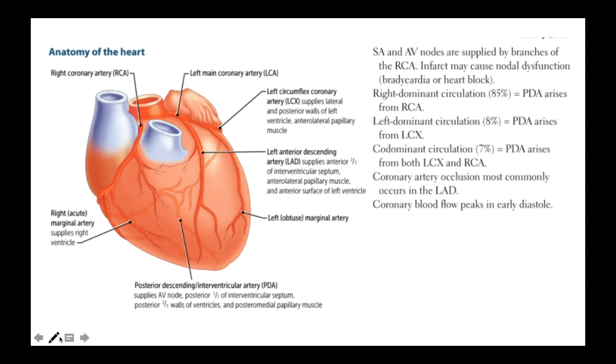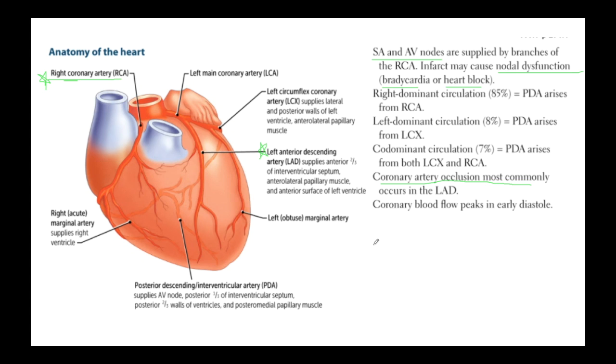And some other things of note here is that the right coronary artery is extra special because it also supplies the SA and AV nodes. So if you have an infarction here, you're going to have some nodal dysfunction that can present as bradycardia or heart block. And our left anterior descending artery also has a special note here, as it is the artery that is most commonly occluded.